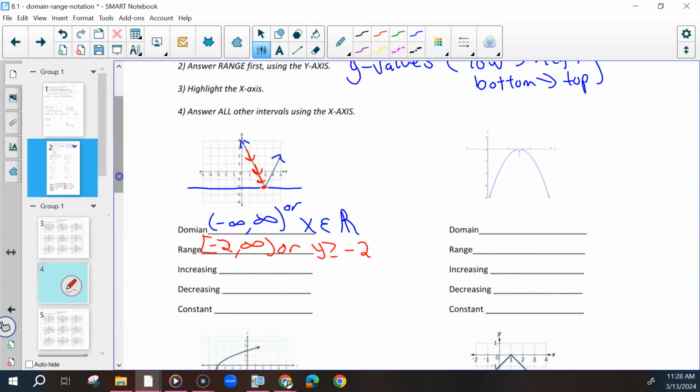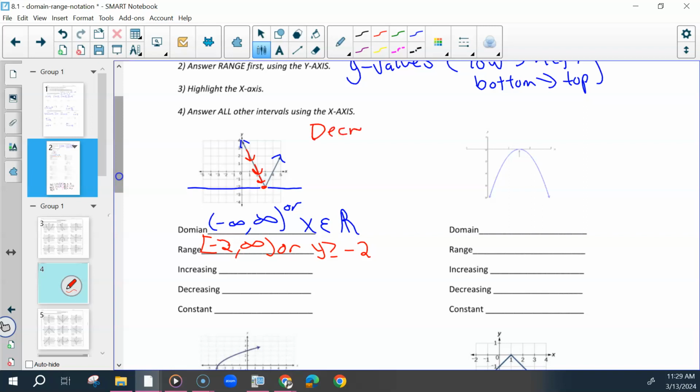Because when x is 0, y is at 4. When x is at 1, y is at 2. When x is at 2, y is at 0. The y values are going down. So that means that would be a decrease. The y values are going down as the x values keep going to the right.